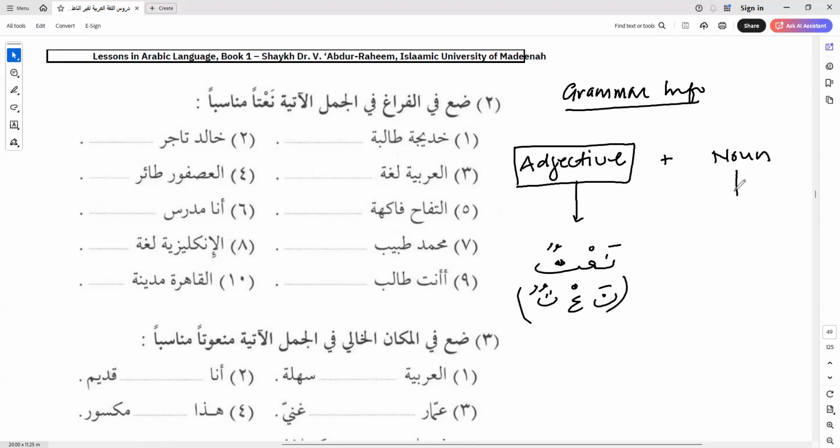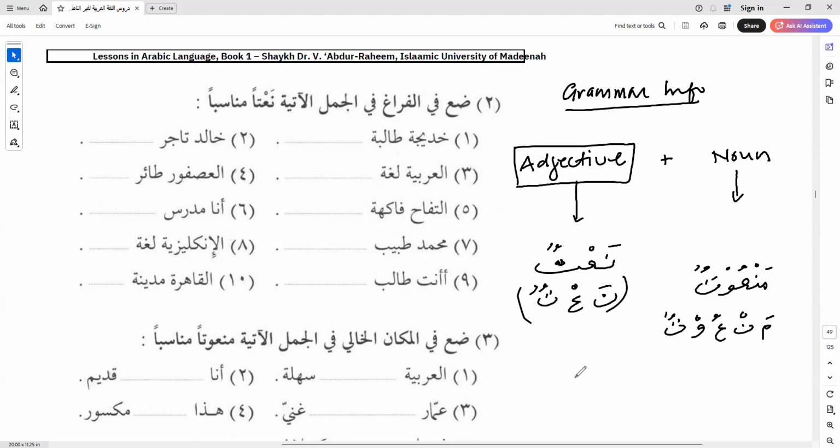And then what about the noun that the adjective is describing? We call it man'ut, man'utun. So this is meem, and then noon, and then ain, and then waw, mad, and then ta, man'utun.